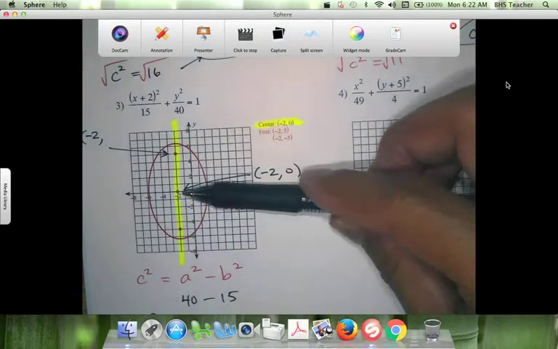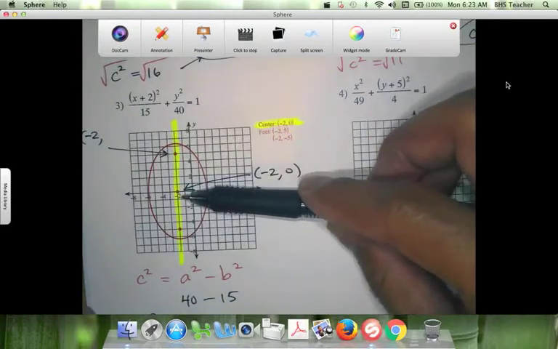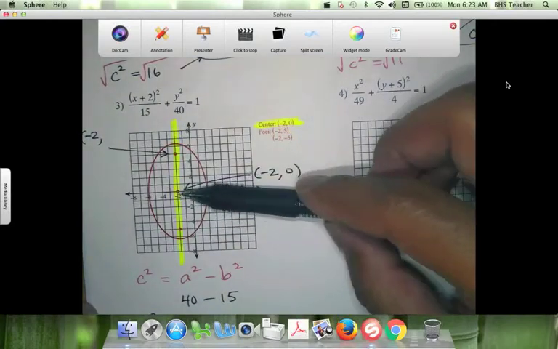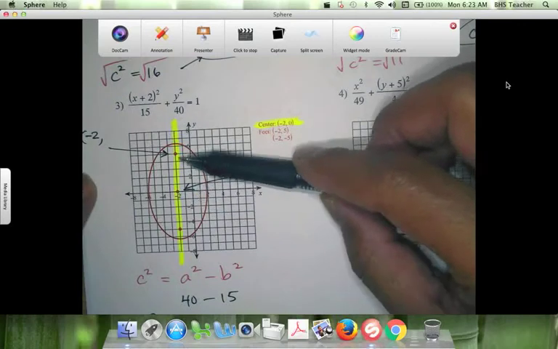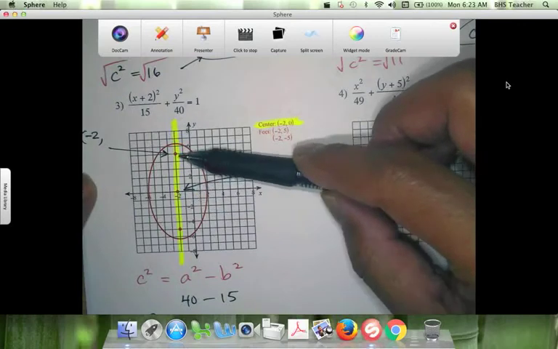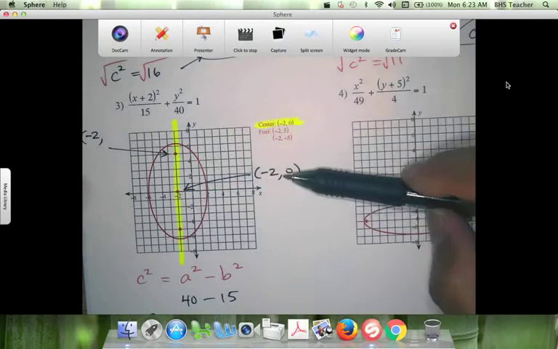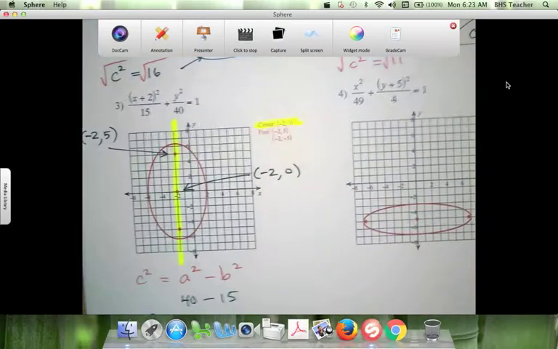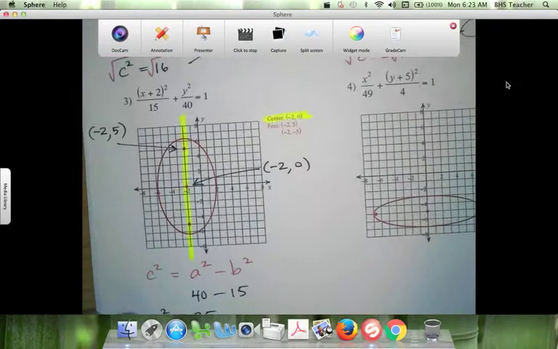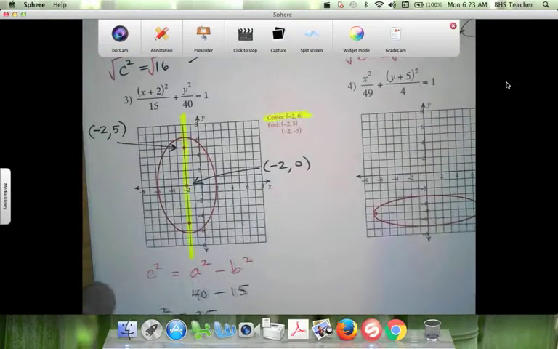When it was here, the center is 0, 0. I'm sorry, negative 2, 0. But now I had to go from negative 2 stayed, and the y-coordinate went up. How much? Well, from 0, you add 5. Well, that's why you get negative 2, 5.